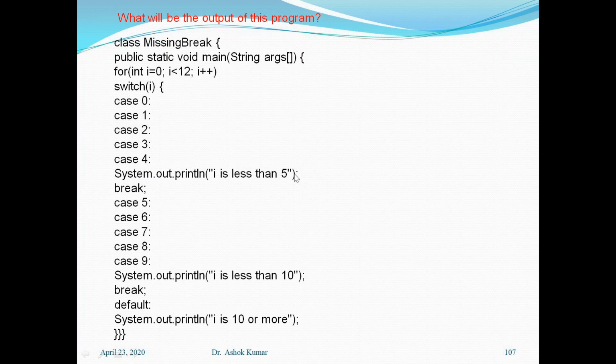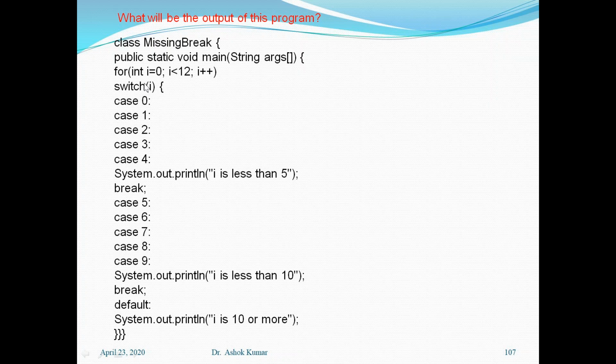We want to run just this statement for all these values of I. So whenever the value of I is 0 to 4, you will get "I is less than 5". Through this program we are learning that cases can be joined if you want to run the same set of statements for multiple case values.